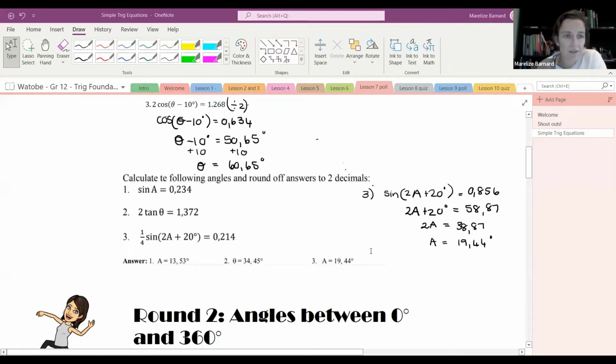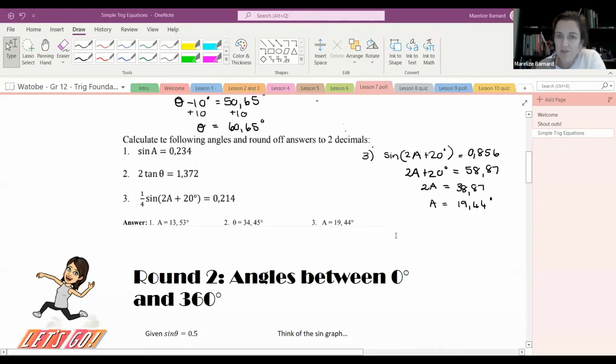Okay. You can also divide both sides by a quarter. It's the same as multiplying by 4. You should have gotten the same answer, Solomon. That will work too. Okay, so that's our basic ideas around a trig equation.